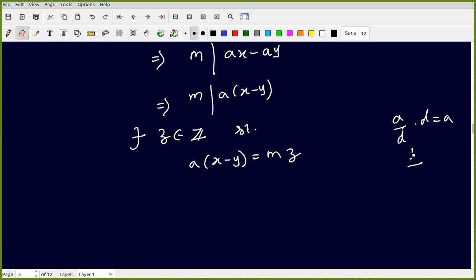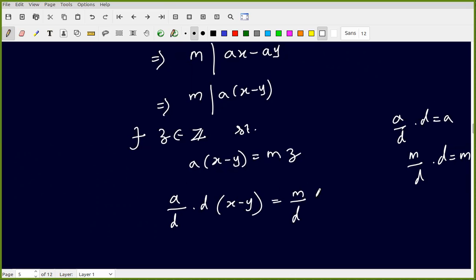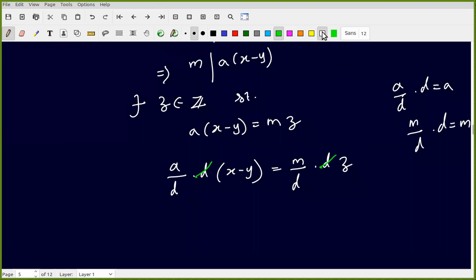Similarly M by D times D equals M, because M is divisible by D. So in place of A and M, we write A by D times D, and M by D times D. So this is A by D times D times (X minus Y) equals M by D times D times Z. D is the GCD and it is positive, so we can cancel the number D. Then we arrive at A by D times (X minus Y) equals M by D times Z.